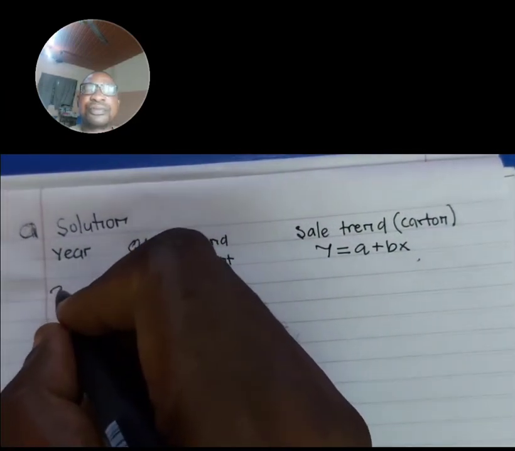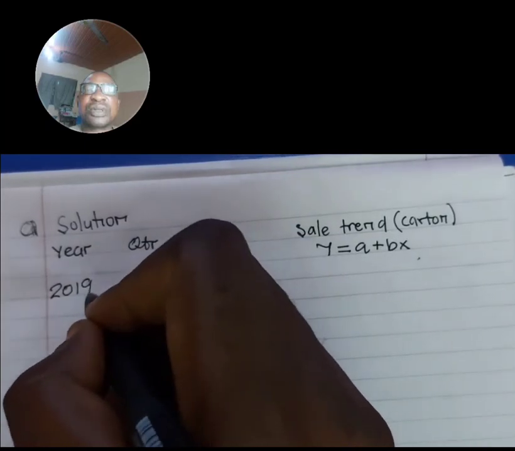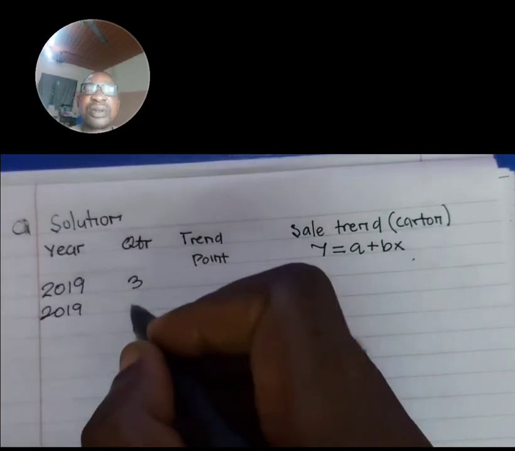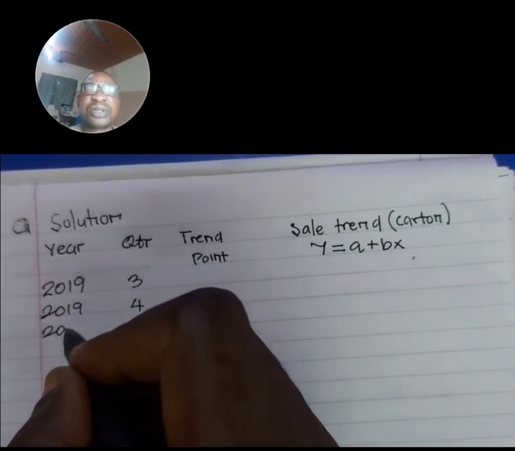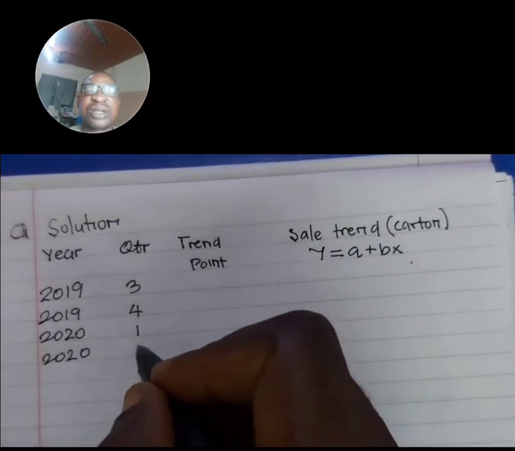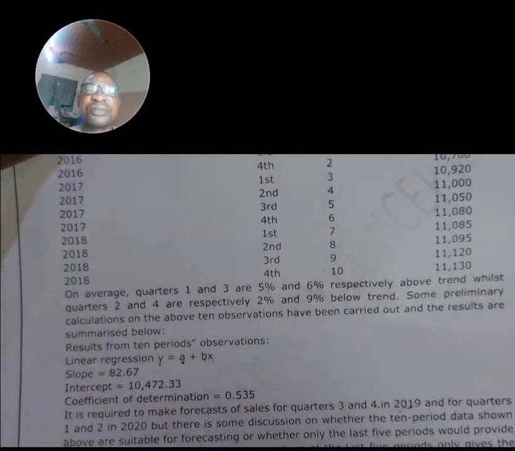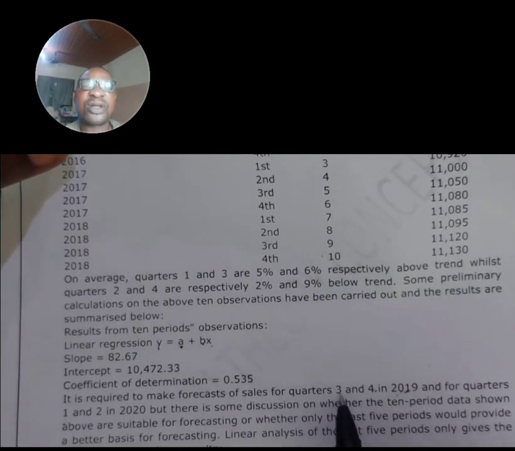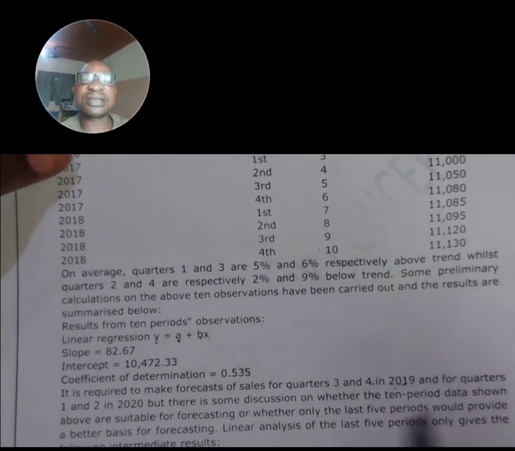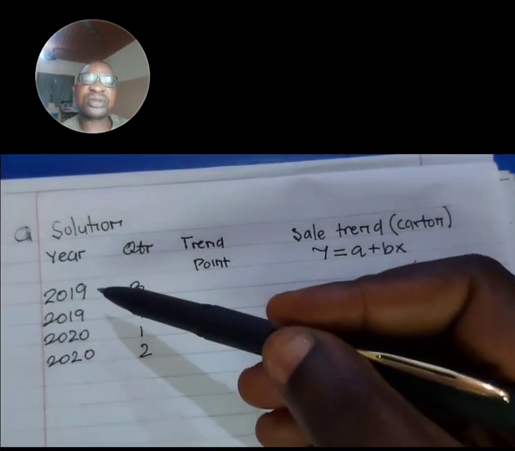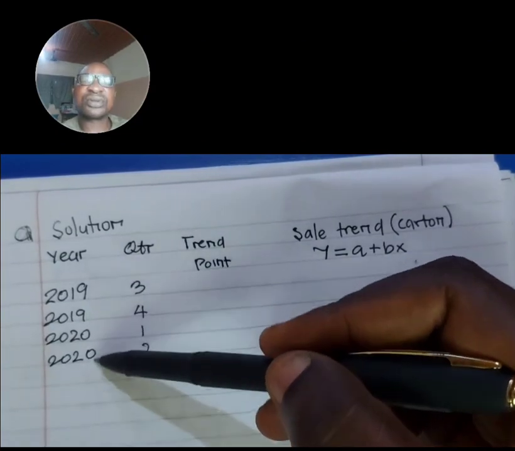The requirement is 2019 quarter 3, 2019 quarter 4, 2020 quarter 1, and 2020 quarter 2. Based on the requirements of the question, it is required to make a forecast of sales for quarters 3 and 4 in 2019 and 1 and 2 in 2020, and that's what I've written here.